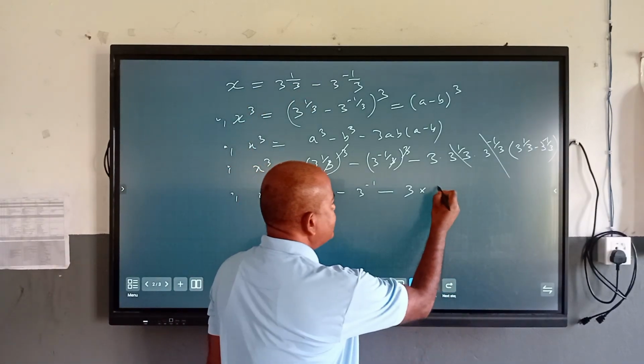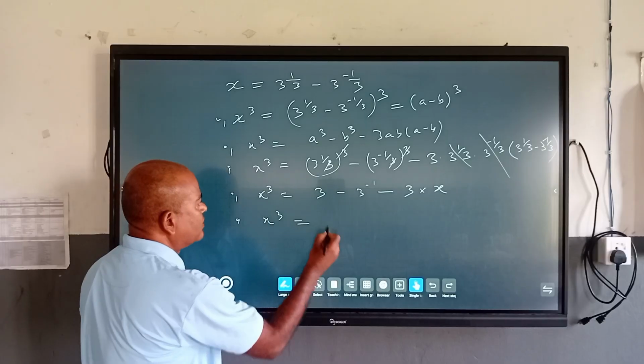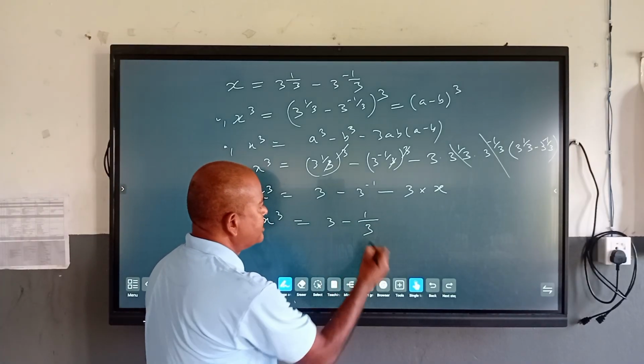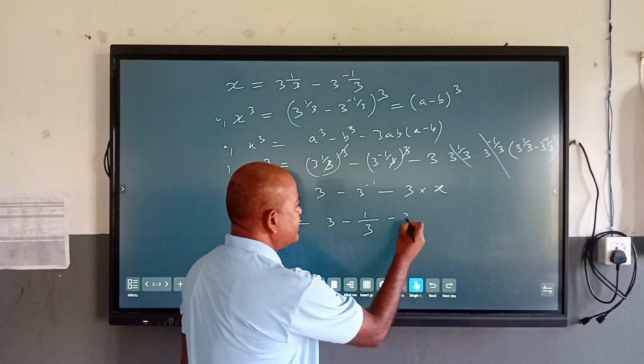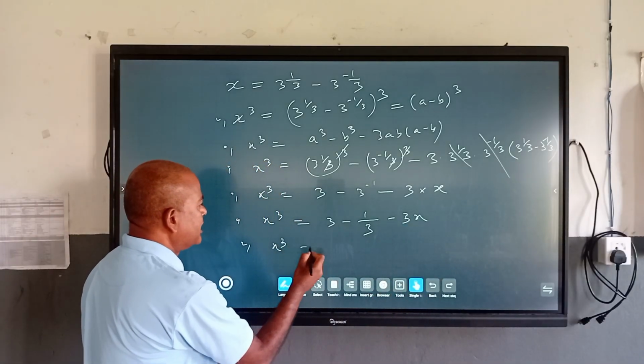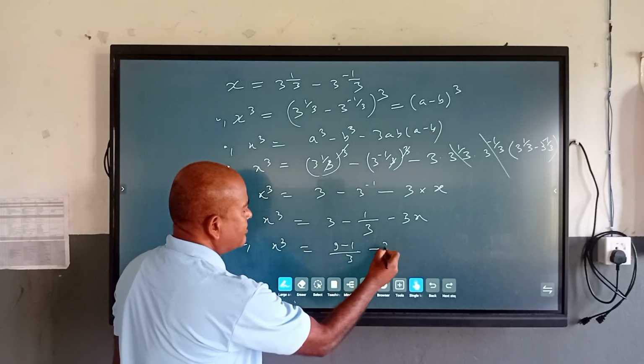So we can replace this by x, so x cube equals 3 minus 3 power minus 1, means 1 by 3, minus 3x as it is. Or x cube equals 3 threes are 9, 9 minus 1 by 3 minus 3x.